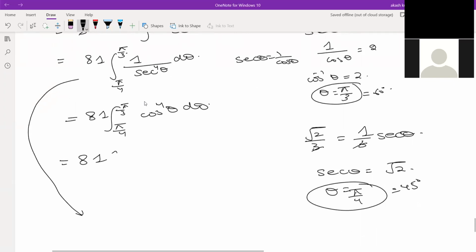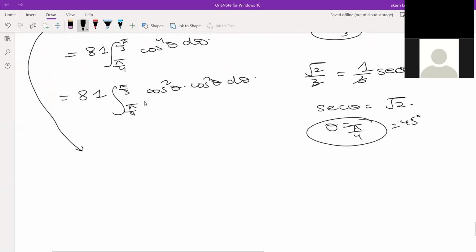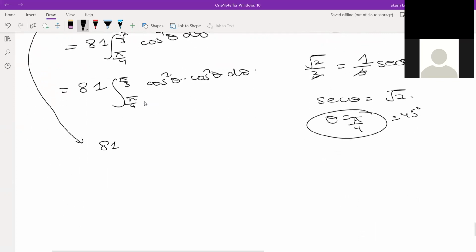Now I can write it in this form, cos square theta and cos square theta d theta. Now converting one of the cos square theta into sine square theta, I mean 1 minus sine square theta d theta.